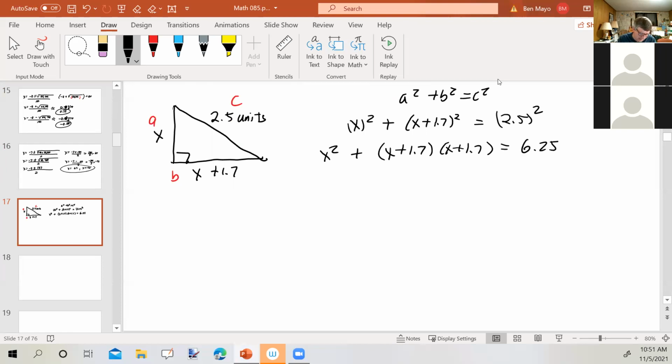Let me double check that. 2.5 squared is 6.25. Okay. Now we've got x squared plus x squared plus 1.7x plus 1.7x plus, let's see, 1.7 times 1.7, I think that's 2.89. We'll find out. Yes, it is.